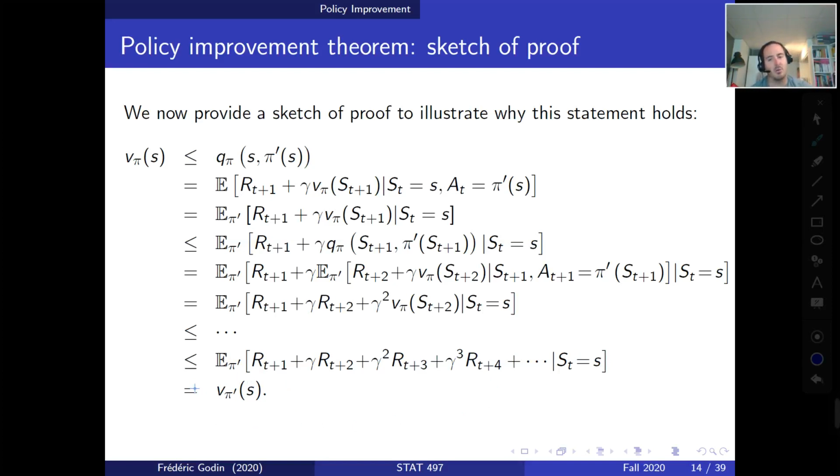This shows that for all states s, v pi of s is smaller or equal to v pi prime of s. So we've shown that pi prime is indeed either equal or strictly better than policy pi for all states.